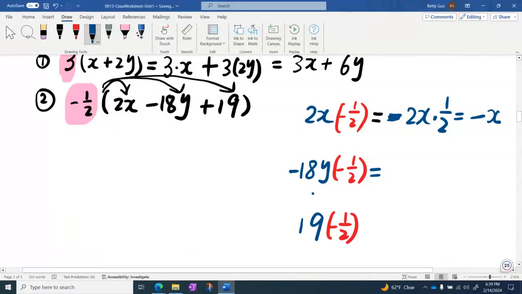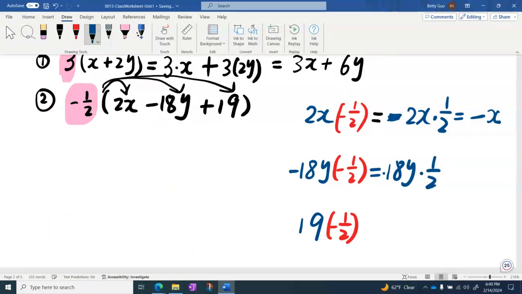Negative times negative is a positive, so the product would have a positive sign. But we don't have to write a positive sign, so just ignore the sign. And we just have 18y times half.